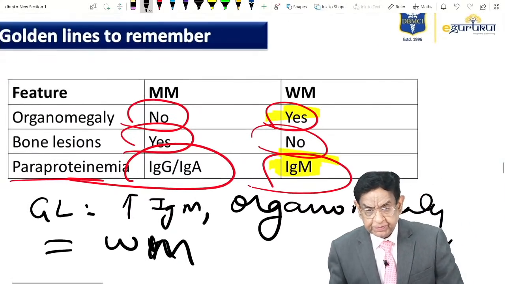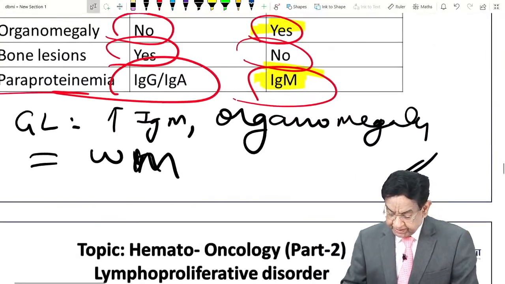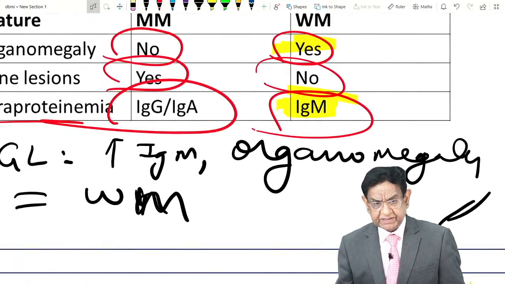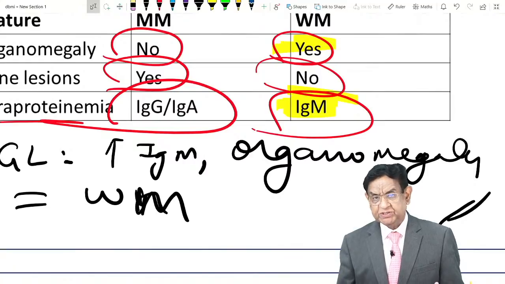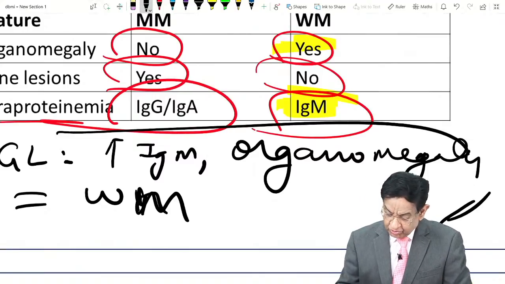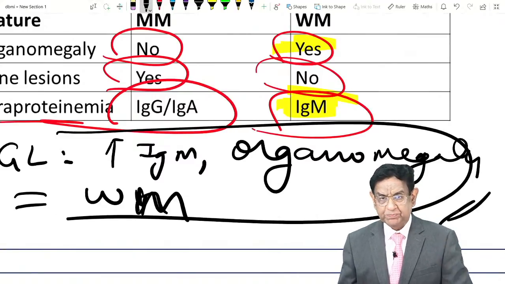Increased level of IgM and organomegaly is Waldenstrom macroglobulinemia. The whole thing is just squeezed into two words, golden line to remember. I hope you are much wiser about this topic.